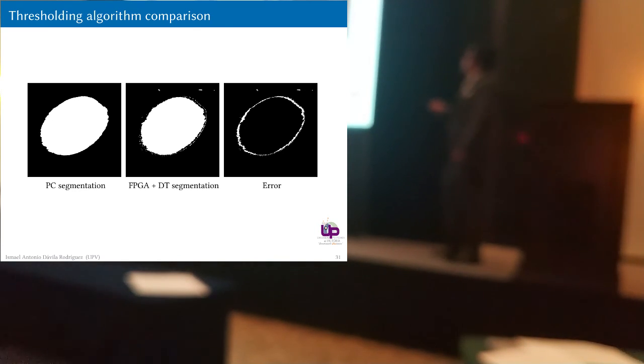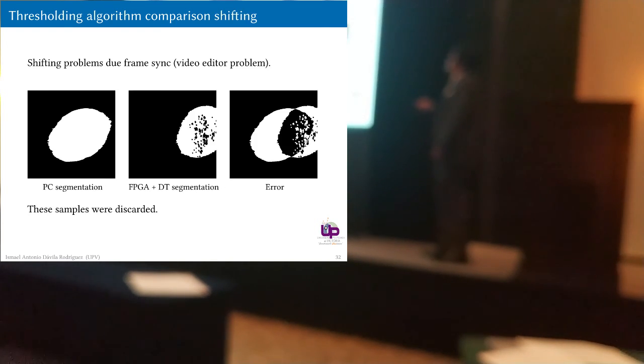So here's the Tushano algorithm comparison. Here's the species segmentation, and then the FPGA segmentation. The pixels in white are the error. That's how the error was measured for the accuracy.